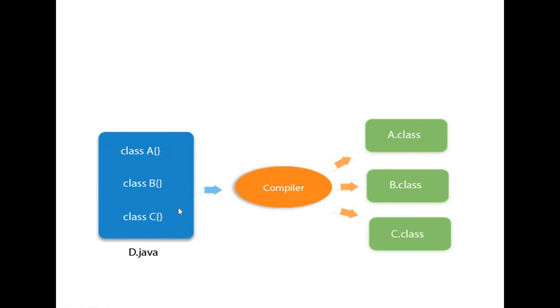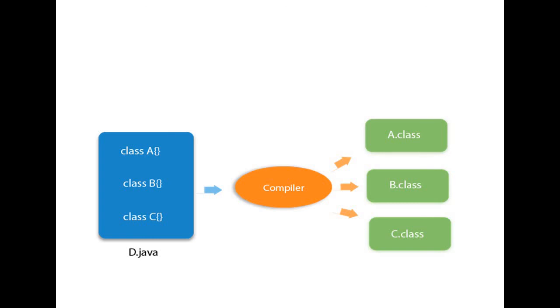Whenever I compile this source file, it produces a.class for class A, b.class for class B, and c.class for class C. That means it produces a separate .class file for each class.